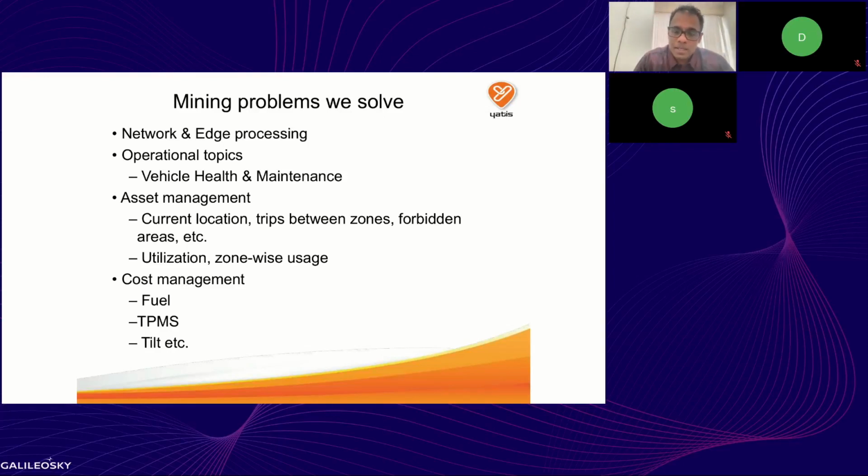We have advanced analytics that give you utilization based on zones. You could have multiple zones in your mine or your factory, and we'll give you the utilization of each of the vehicles in each of the zones, among other items that are integrated with the sensors we support: fuel sensors, tire pressure monitor sensors, tilt sensors, etc.